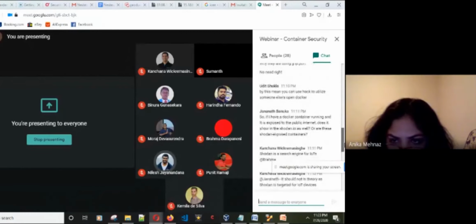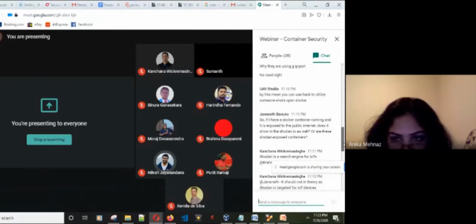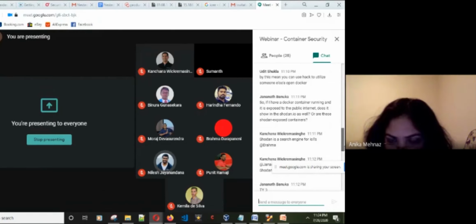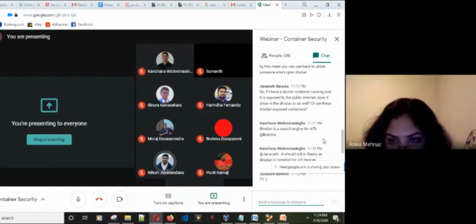Another question is why they are using those ports. Because that's how I learned it, so that's why I was using it. There's a Docker container running, and it is exposed to the public internet. So these are some selected exposed Docker APIs.